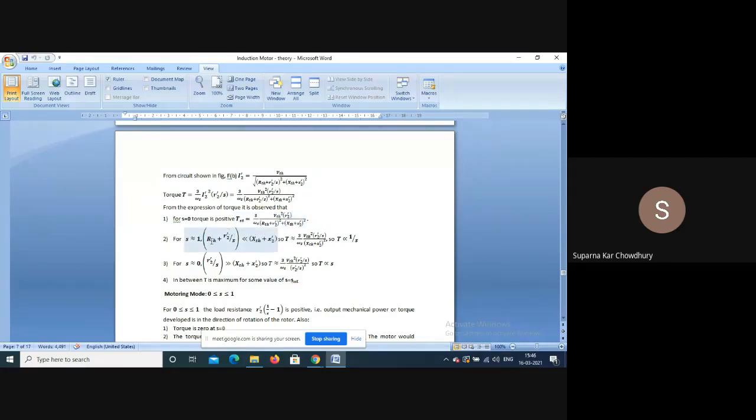So if we neglect the resistance, the torque becomes approximately proportional to R Thevenin squared R2 dashed by S divided by (X Thevenin plus X2 dashed) squared. So this is approximately proportional to 1 by S.